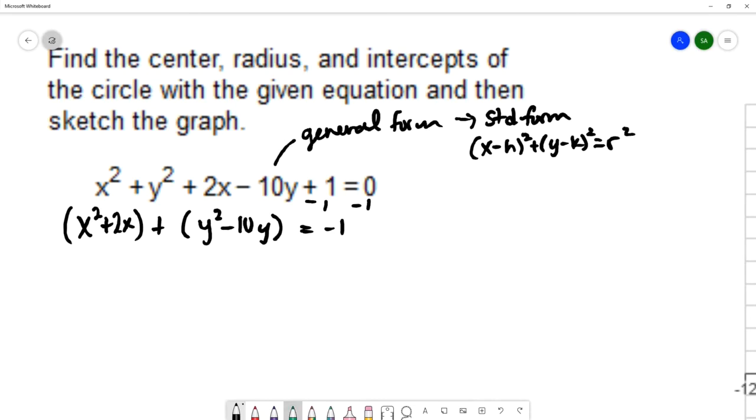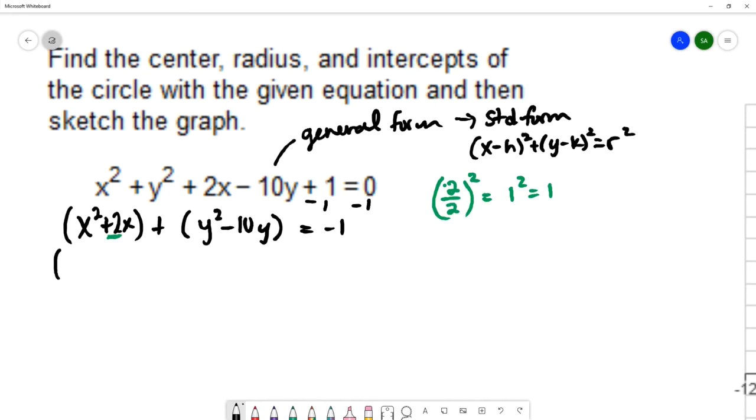With the completing the square process, you take the coefficient on your x term, so I'm going to take 2. You divide that by 2 and square it. 2 divided by 2 is 1, 1 squared is 1, and we consider 1 to be sort of like our magic number. If we add it to our x group, it will make that x group factor into a perfect square.